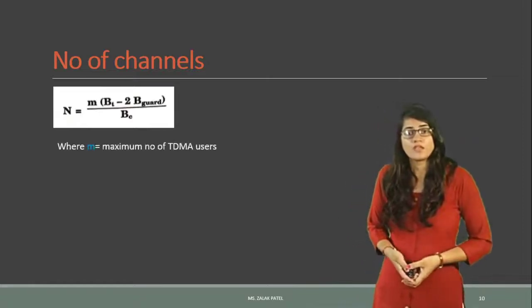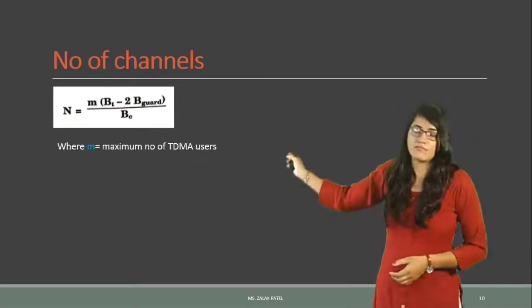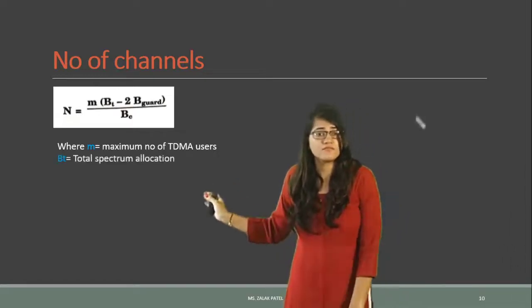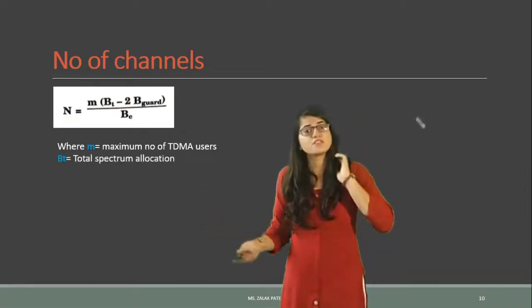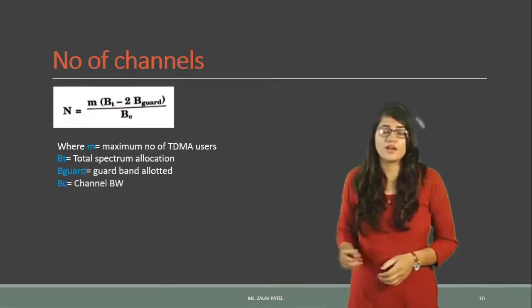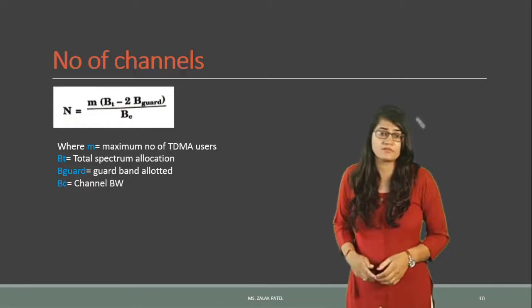Here M is the maximum number of TDMA users, BT is the total spectrum allocation, B guard is the guard band allotted, and BC means channel bandwidth.